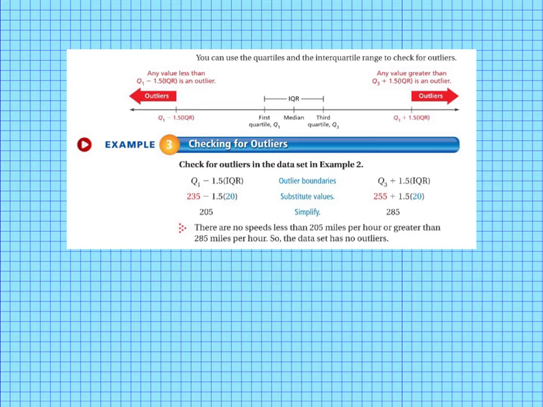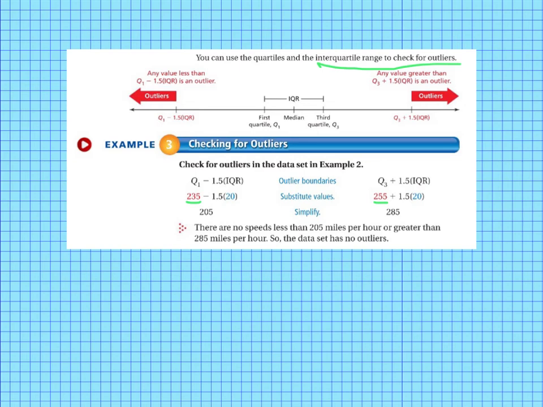Our final example shows us how we can use the interquartile range to check for outliers. Sometimes we can just look at a set of data and tell that something's an outlier. Sometimes it's really close and it's hard to tell, so we have to check. If we use our data from example 2, we had a Q1 of 235 and a Q3 of 255.